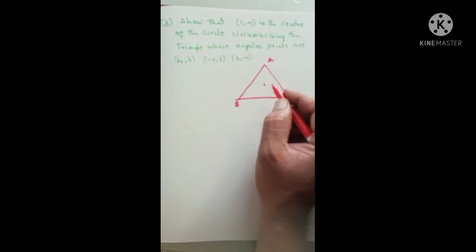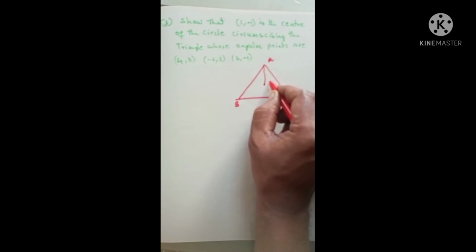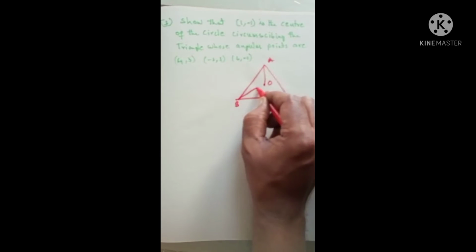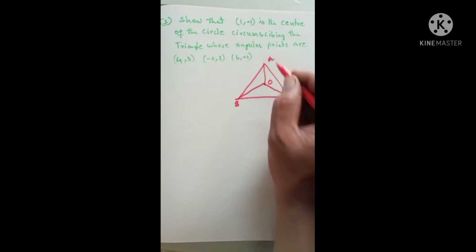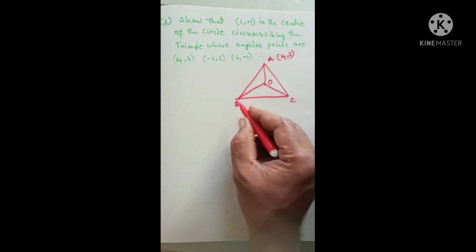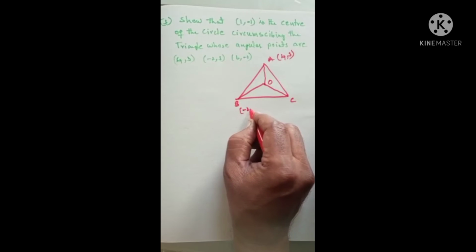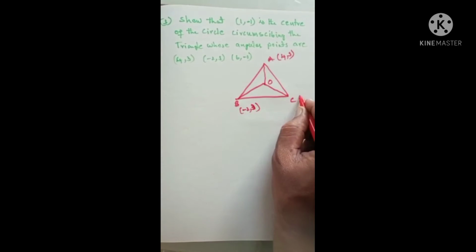This is the center of the circumscribed circle, for example you say this point is O. It should be at equal distance from all three angular points, I mean all three vertices. So A is given as 4 comma 3, B is given as minus 2 comma 3, and C is given as 6 comma minus 1.